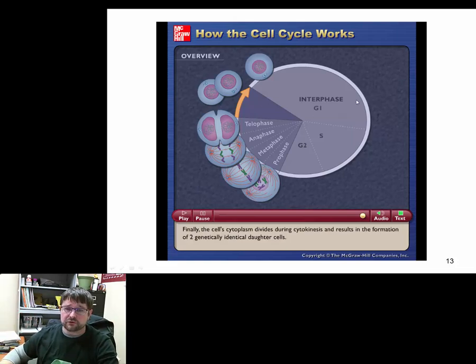We'll also spend more time looking at the interphase portion when we start talking about programmed cell death, cancer, checkpoints, these kinds of things. So we'll come back and talk about those too. So this is just an overview of the cell cycle.